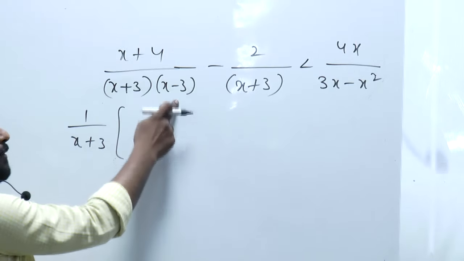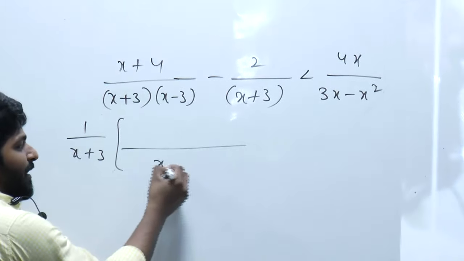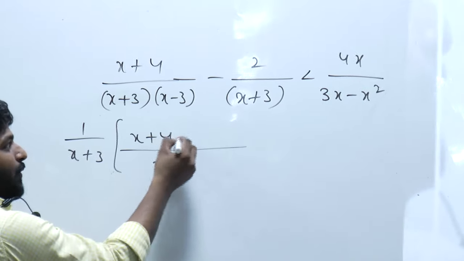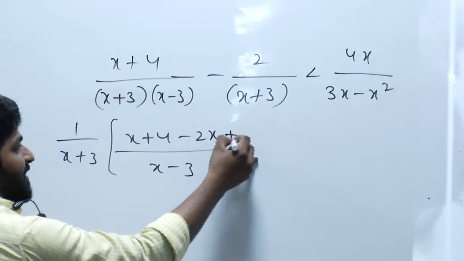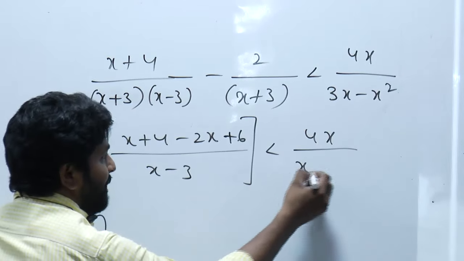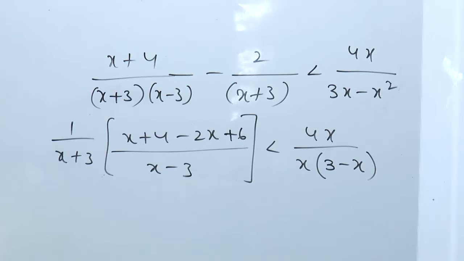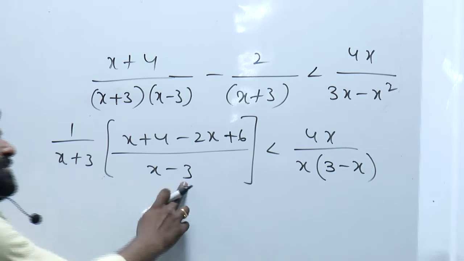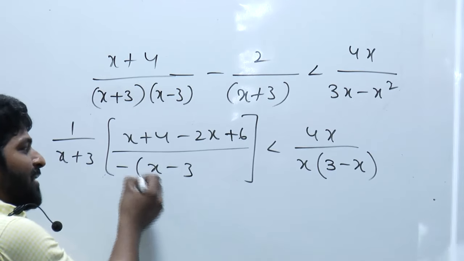Now I have (x+4)/(x-3) minus 2. Let me take x-3 as the denominator, that becomes (x+4-2x+6) is less than 4x by, let me take x common here, that will be 3-6. This is x-3 and this is 3-6. Let me take minus common.